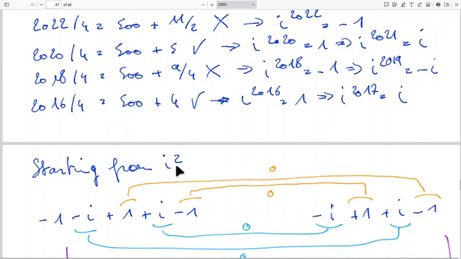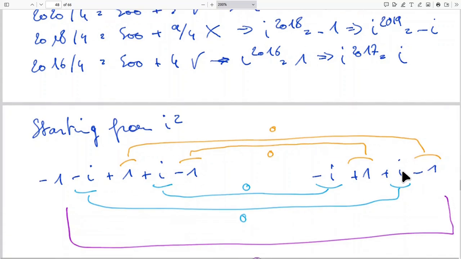So if we start from i squared, we'll get minus 1, minus i, plus 1, plus i, minus 1, and then at the end minus 1, plus i, plus 1, minus 1.